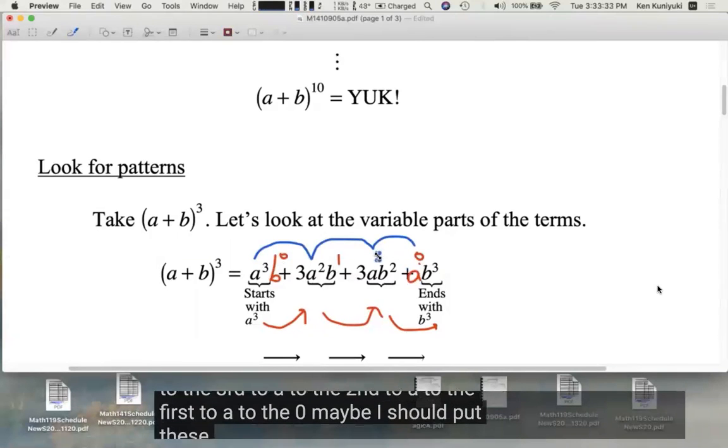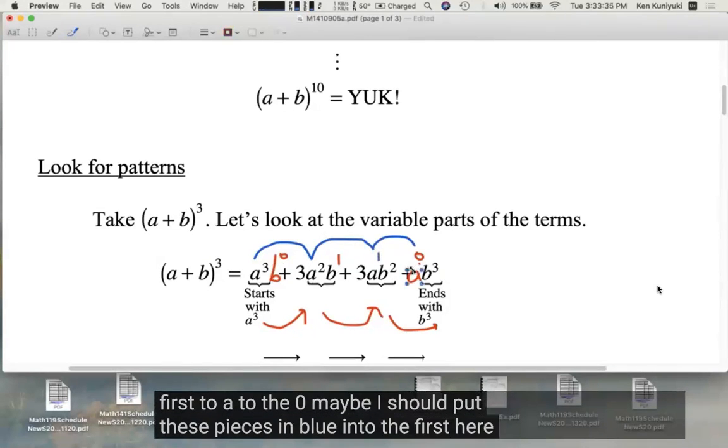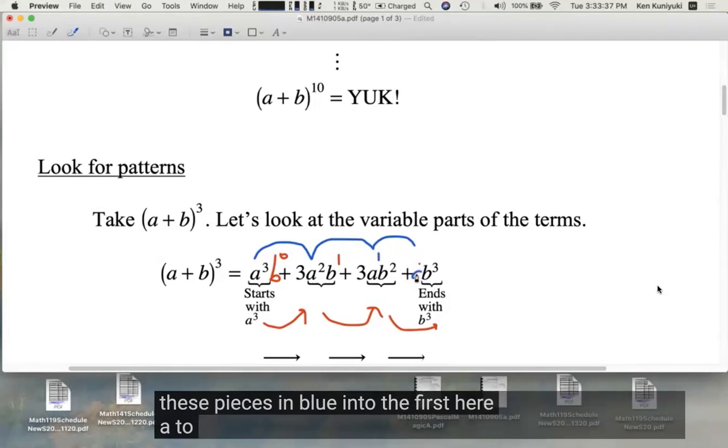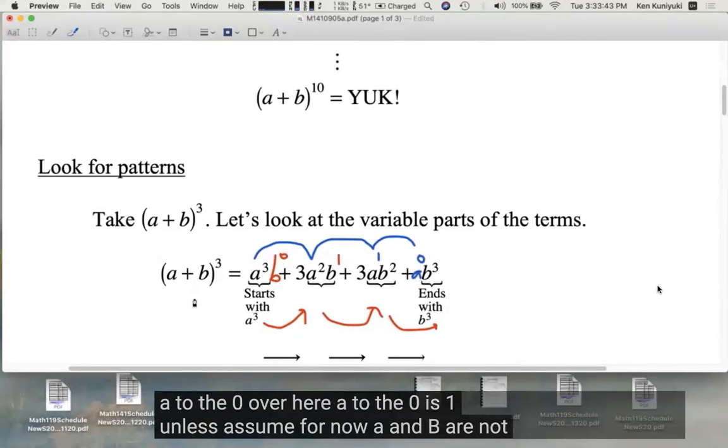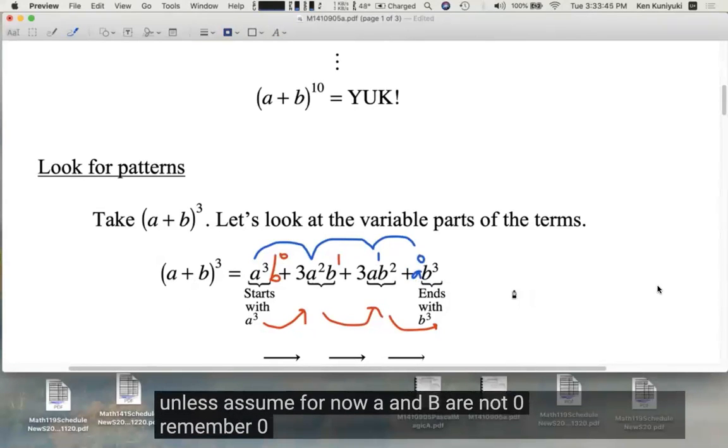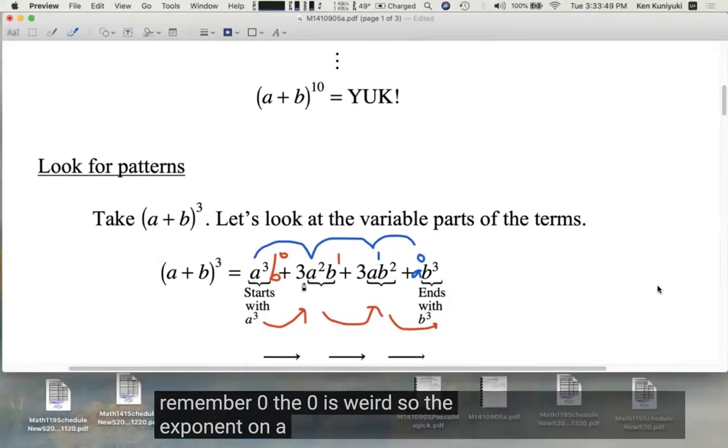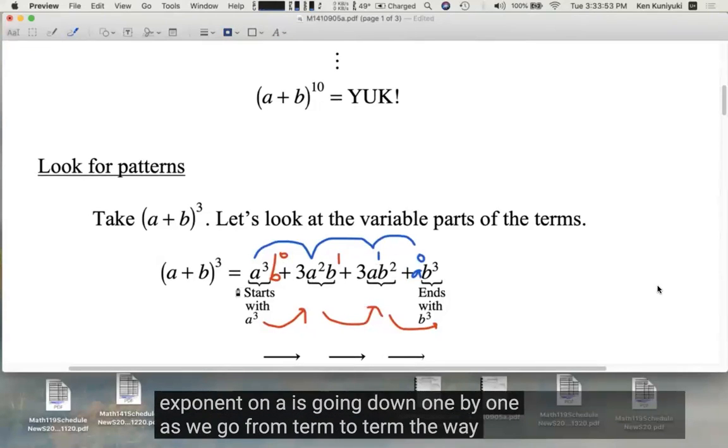And maybe I should put these pieces in blue. A to the first here, a to the 0 over here. A to the 0 is 1. And let's assume for now a and b are not 0. Remember, 0 to the 0 is weird. So the exponent on a is going down 1 by 1 as we go from term to term, the way we normally write this.